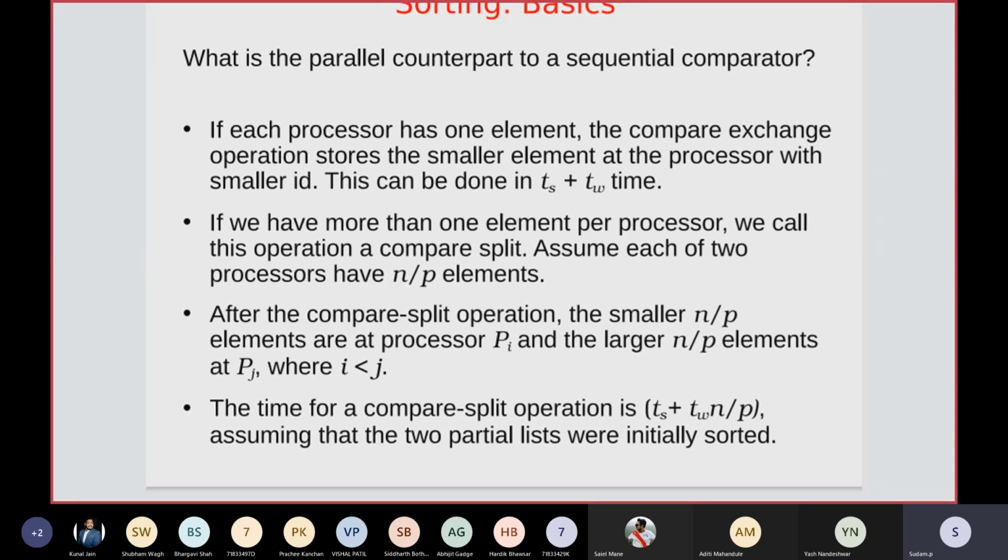Here also the condition should be satisfied: the elements on processor P0 have values less than the elements available on processor 1, or vice versa.